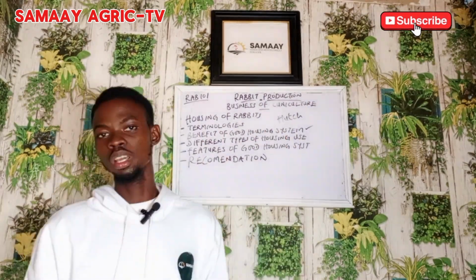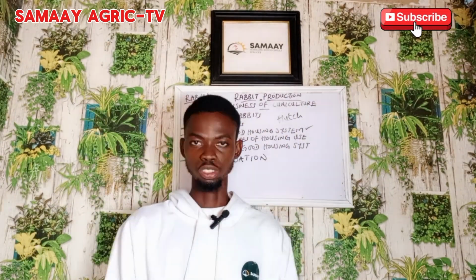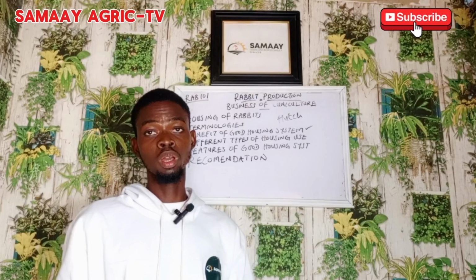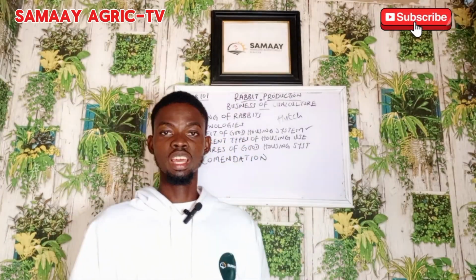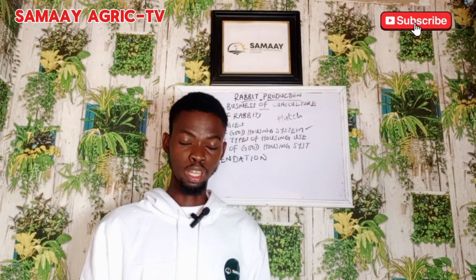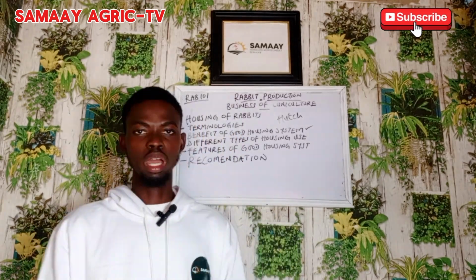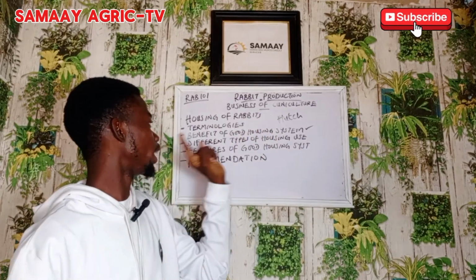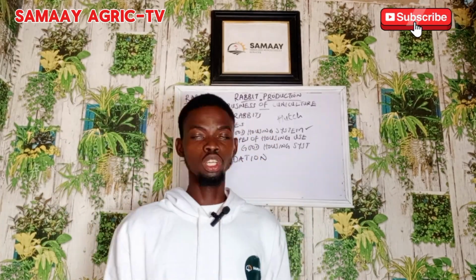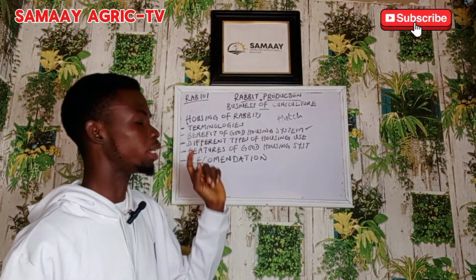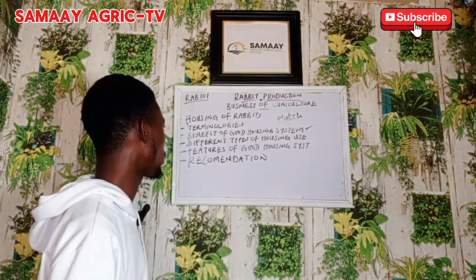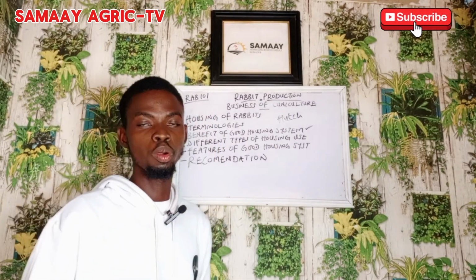A hutch is a place where the rabbits are housed, to prevent them from predators, external threats, and human influence, because humans sometimes can also serve as a threat to the rabbit. That is why we need to house them in a good housing system. So a hutch is a place where the rabbits are housed. That is the terminology used in rabbit production.